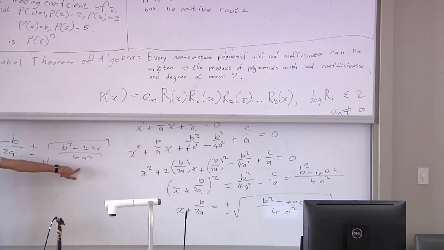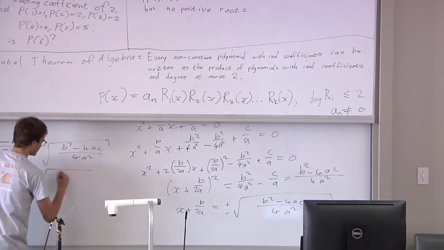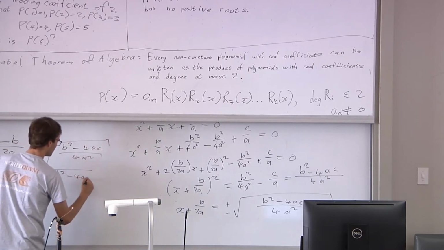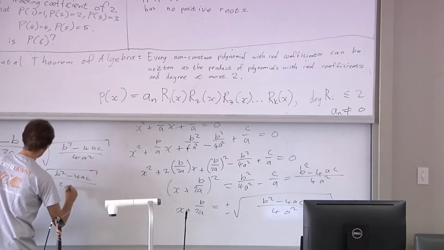Now you have a square in the denominator, which means you can take it out of the radical to get minus b over 2a plus minus the square root of b squared minus 4ac over 2a.